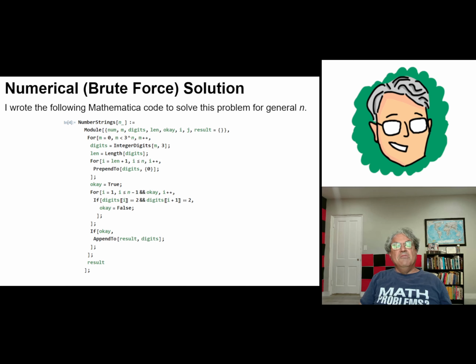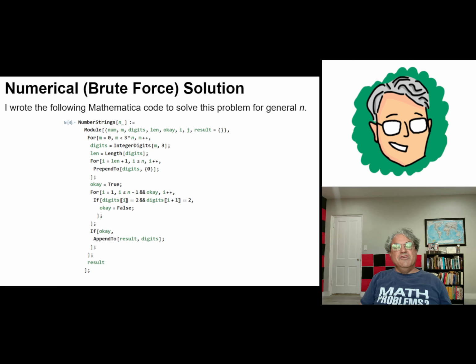So this is a loop that involves a for loop and then a couple of for loops inside that for loop. What I'm doing here is letting m be an integer that can go from 0 to 3^n minus 1.